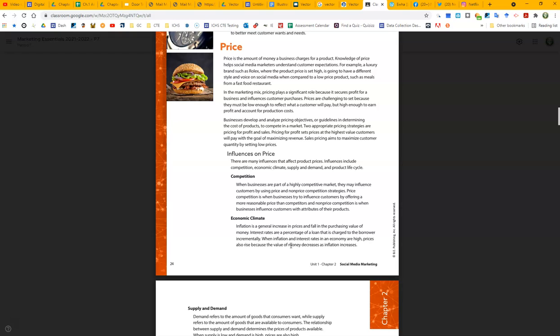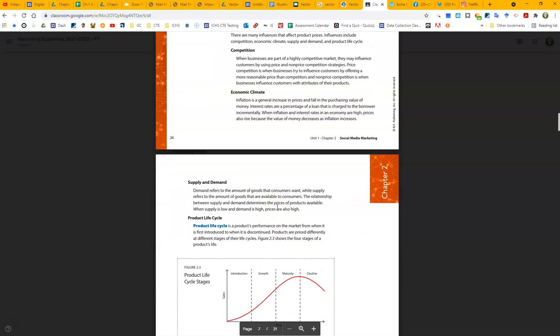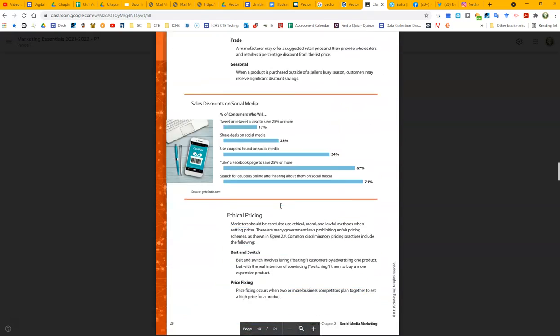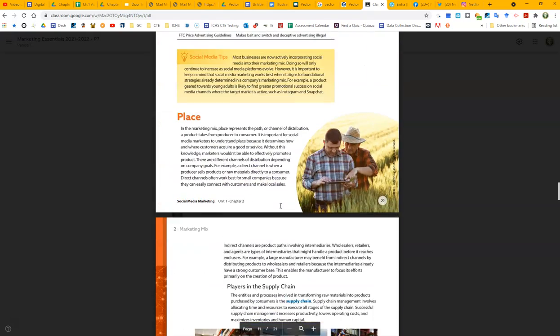You might say, well, we have the lowest priced cell phone on the market, so you should definitely consider buying our product. It has all the great features of our competitor, but at a lower price. So price is a big consideration in the marketing mix, and we also need to consider place.